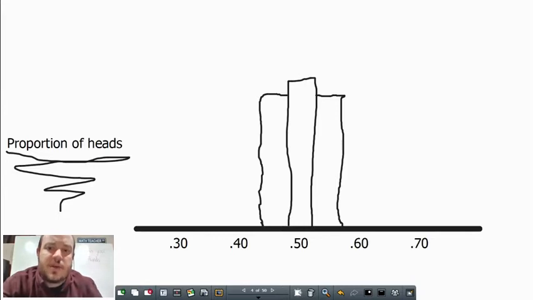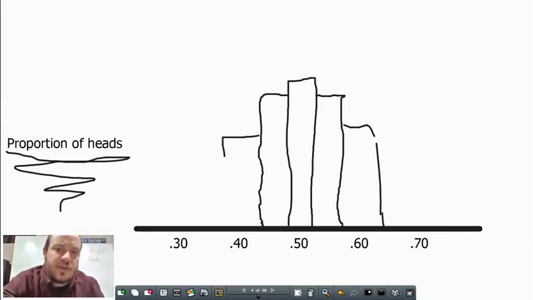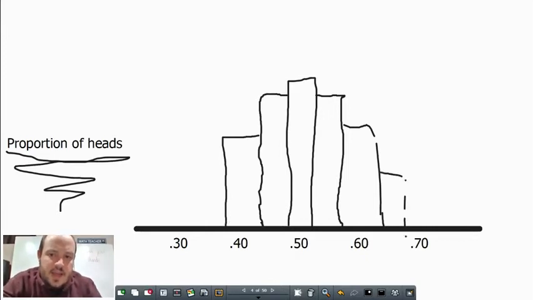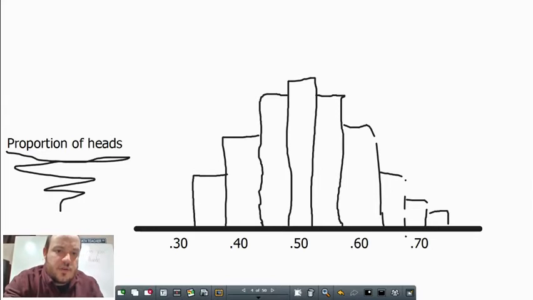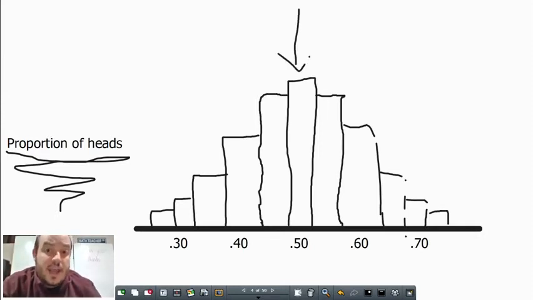So I'm not going to see many of you get 60% heads because that's going to be really rare. I'm not going to see many of you in the 40% range because that's, again, very rare. And as you get further away, it is going to get lower and lower and lower. Same over here. So this isn't a new concept for us, that the further you get away from the middle, the less likely it is to happen. And in fact, if you notice, what do we have here?